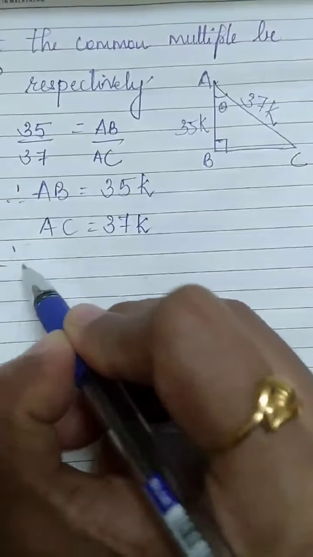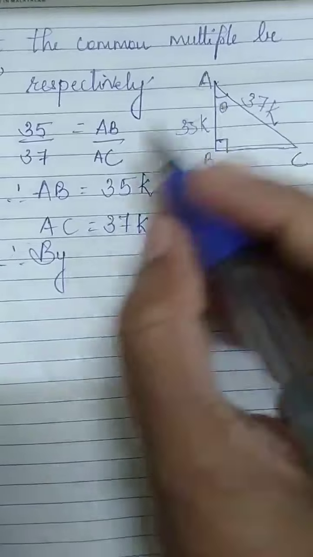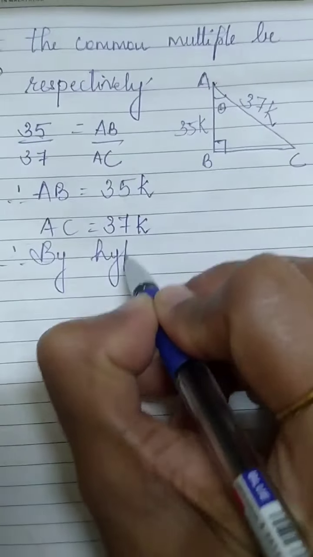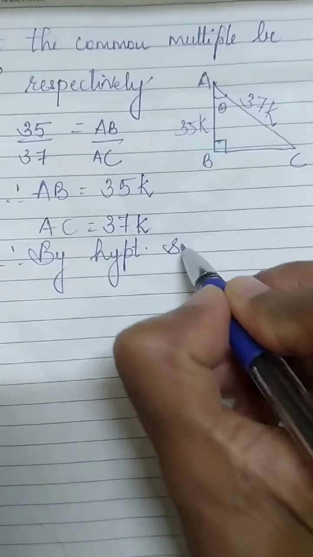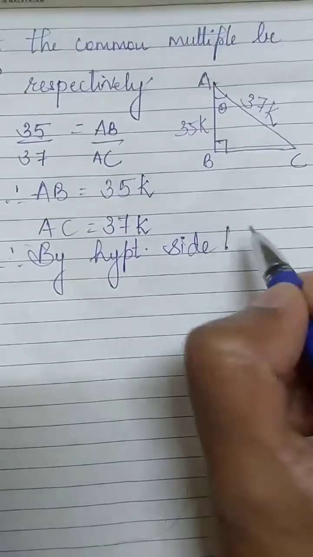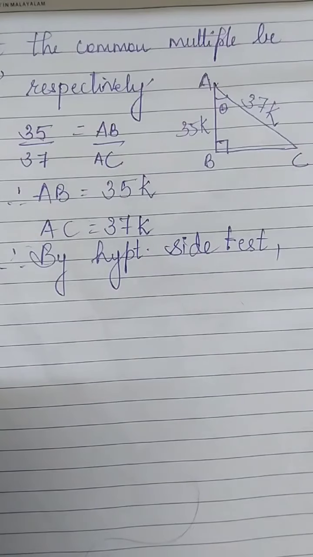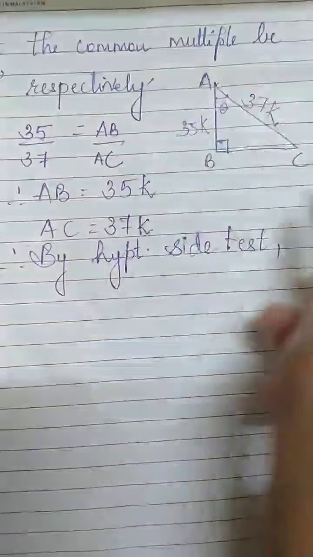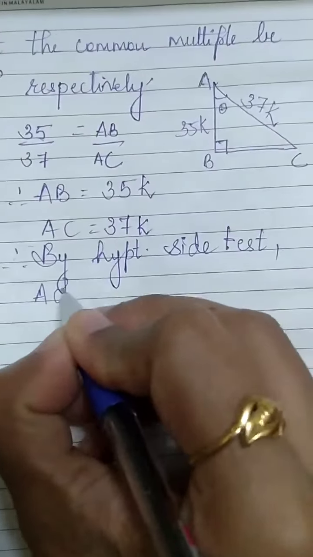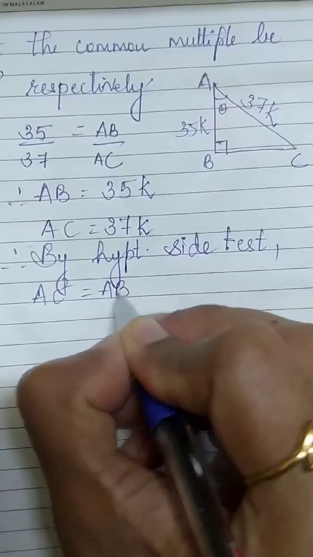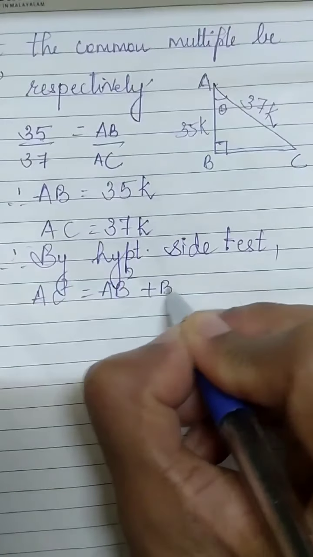So therefore by the hypotenuse side test, you get AC square is equal to AB square plus BC square.